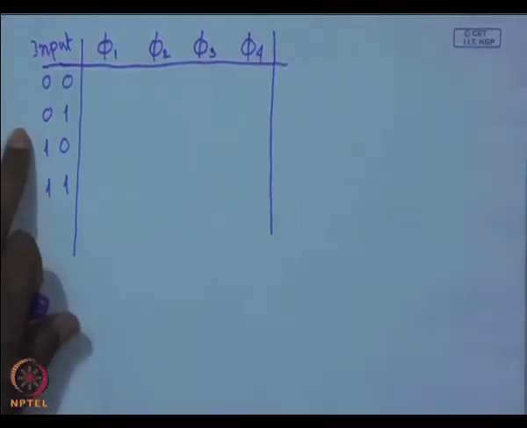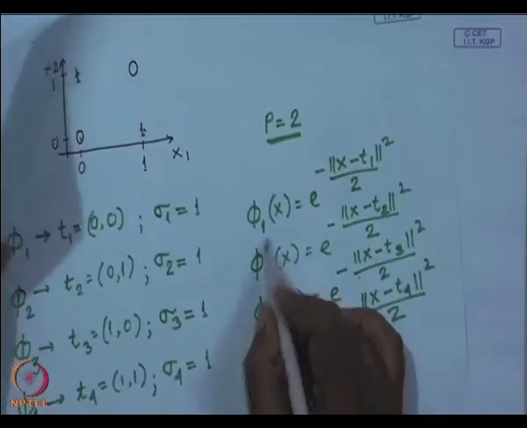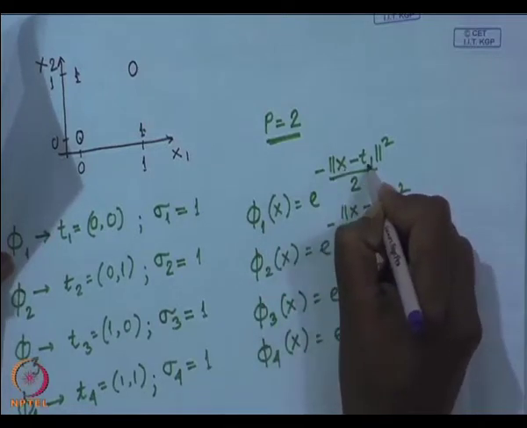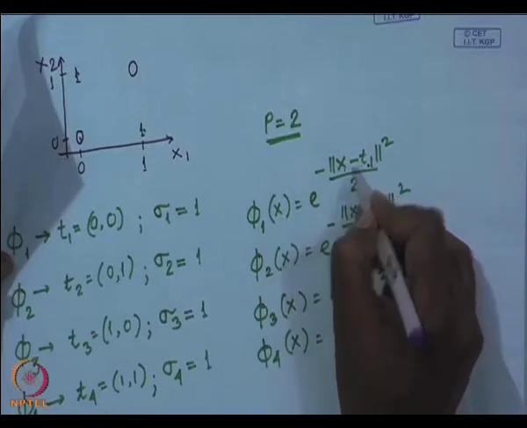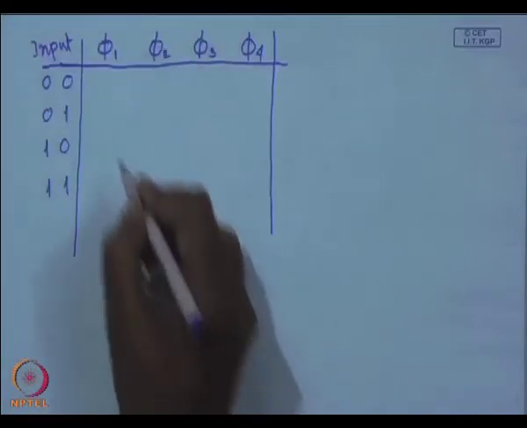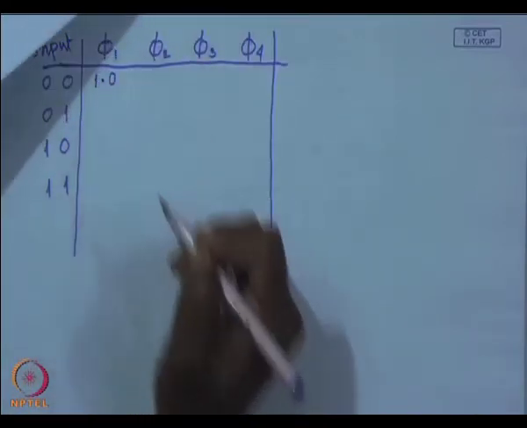So, when you input the feature vector 0 0 to phi 1, you find that your x is equal to t 1. So, this exponent is equal to 0, which means that phi 1 x will be equal to 1. So, this phi 1 x over here, this will be 1.0.